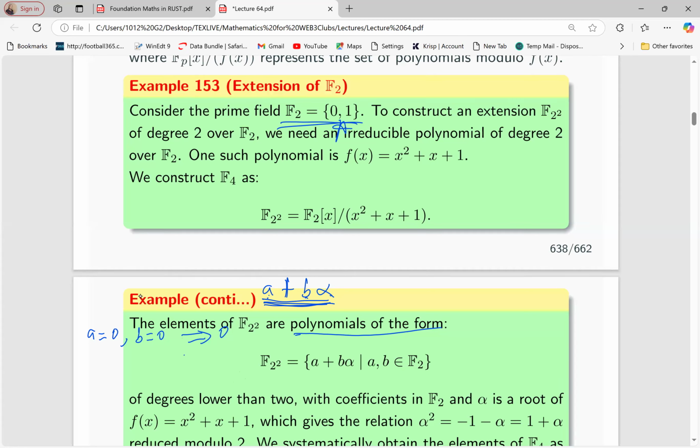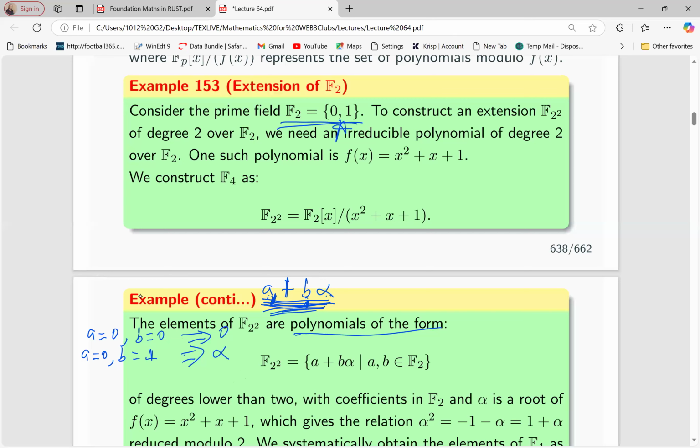So we consider all possibilities. The other possibility is that A could be 0 and B could be 1. So if that is the case, what does this element become? This would be 0 plus 1 alpha, and this gives us alpha.